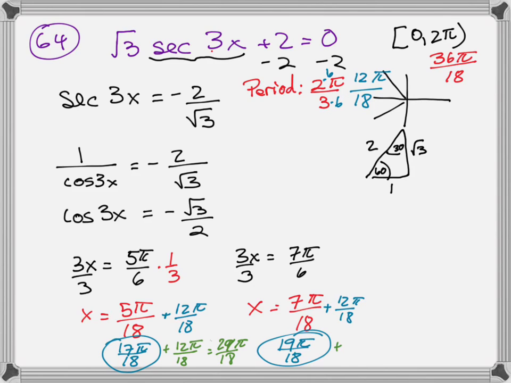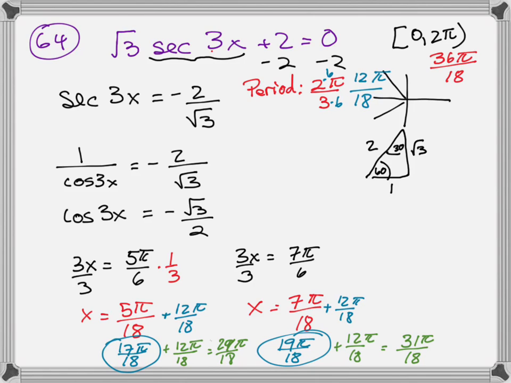We're going to do it here one more time, plus 12 pi over 18, and that gives me 19 plus 12 is 31 pi over 18. Now if I were to add another period to it, my values would be larger than 36 pi over 18, so I can't do that.